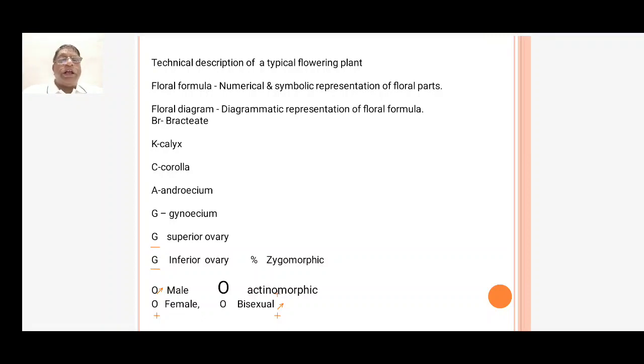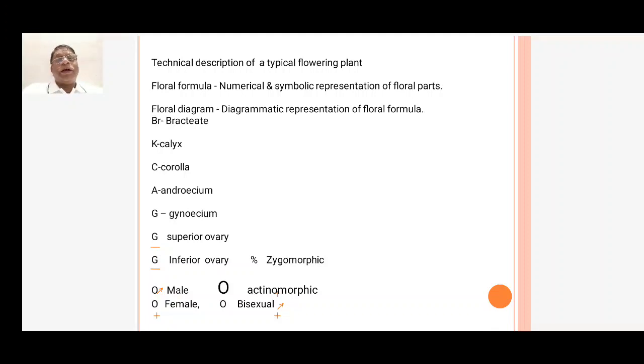And lastly, floral diagram. In this way, a family or a plant is studied in a systematic way from habit to floral diagram.